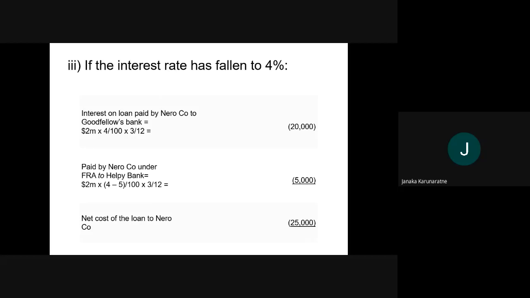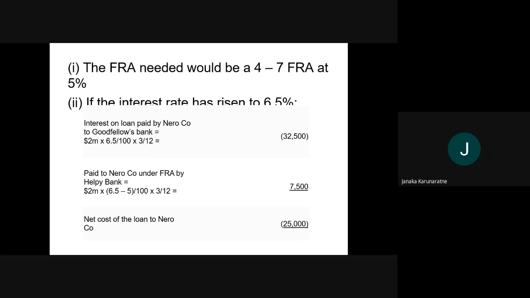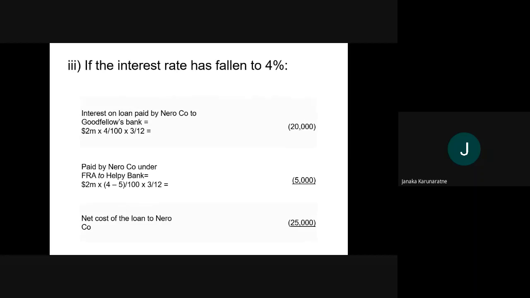So the FRA difference is 4 minus 5, because that is the agreed rate, into 3 months into 2 million. So 5,000, and I have to pay the bank. Earlier the bank gave me 7,500; now I have to pay 5,000. So my net cost is how much? 25,000. So whether the interest rate went up or came down, I have locked in my interest cost at 25,000.